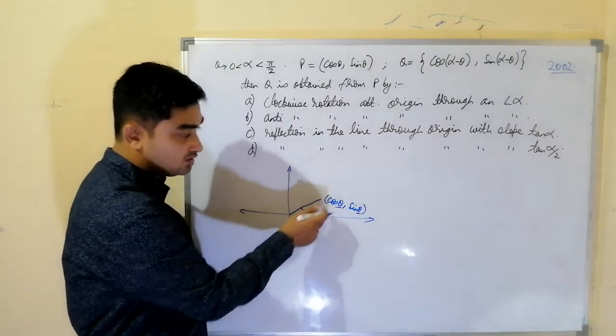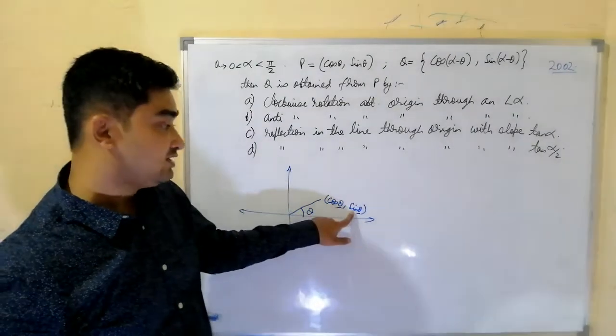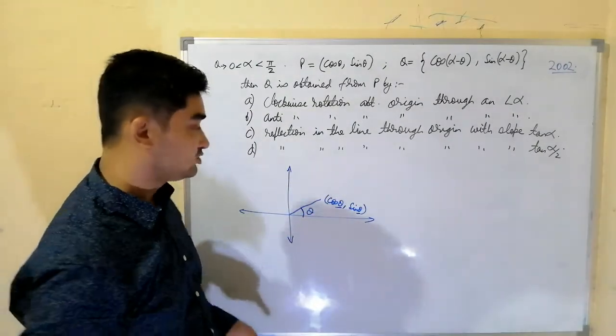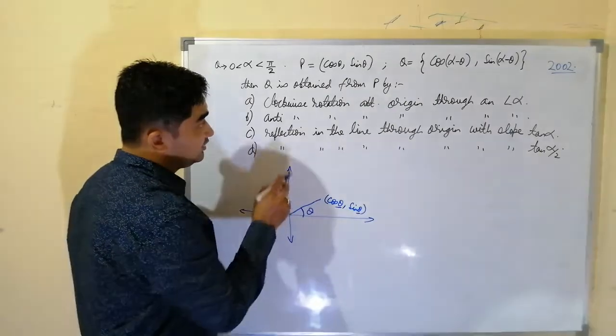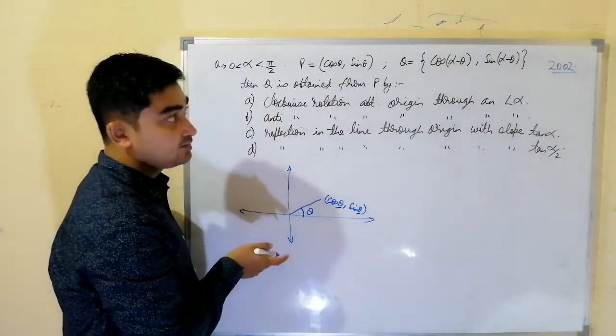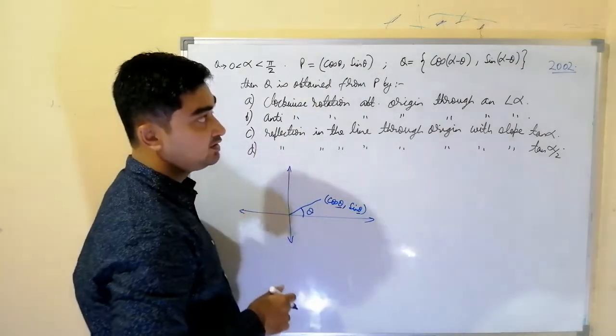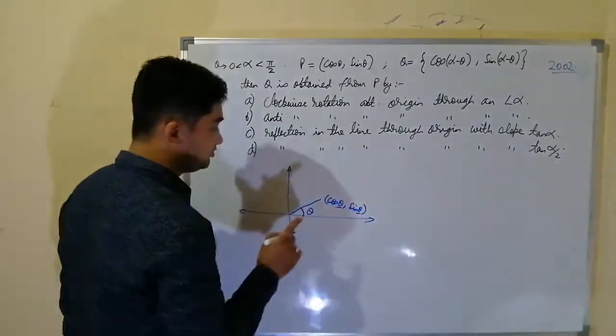What is the modulus? Modulus is square root of x square plus y square. X is cos theta, y is sin theta. Squaring and adding we get 1. So modulus is 1. Now another point has argument alpha minus theta, but modulus is the same, 1, because cos square(alpha minus theta) plus sin square(alpha minus theta) is 1.